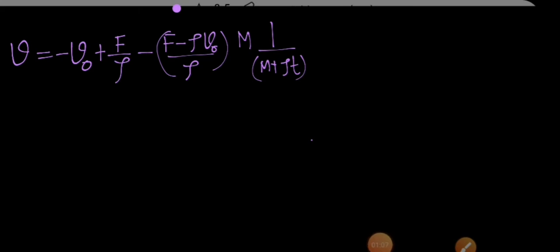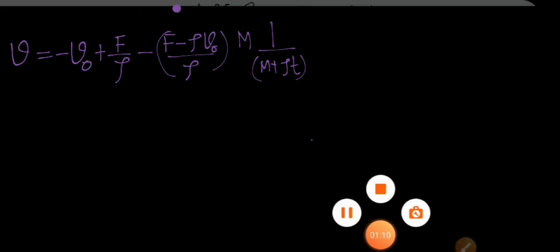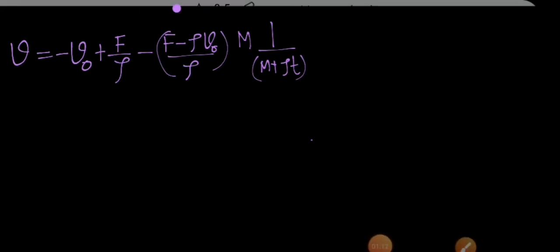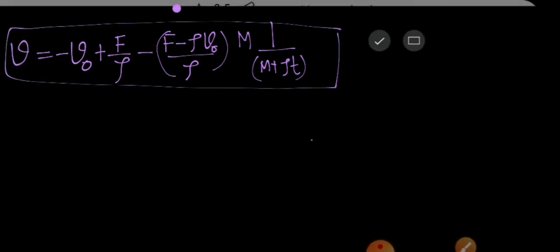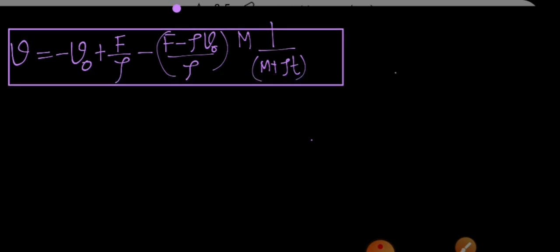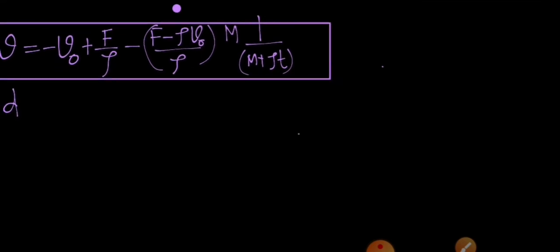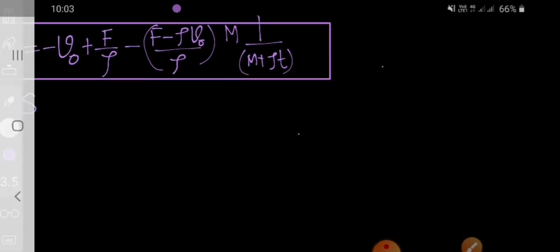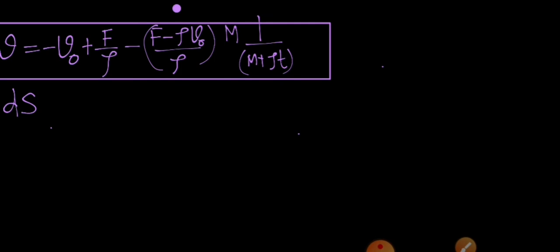So for velocity, we get this relation, and I can put it here in a box. If you see this, we got the velocity as a function of time, as we discussed. But we don't record velocity as a function of time, as I told you. So in place of v, what I'll write is ds by dt, equal to this.